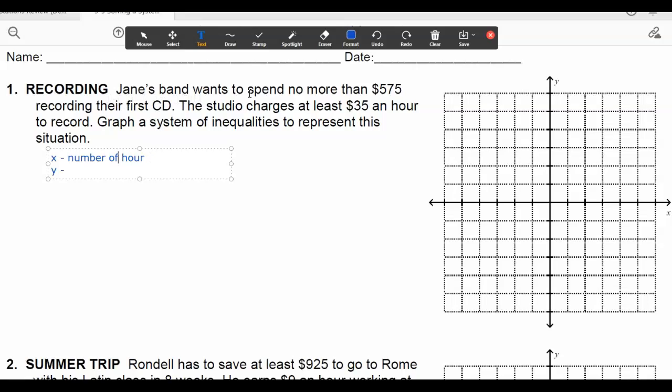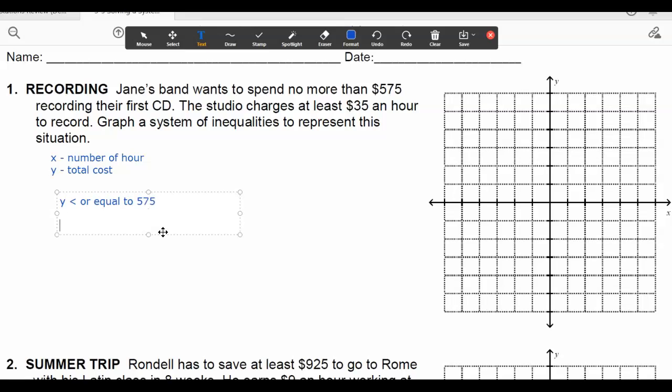And then the second one says she wants to spend no more than $575. So basically, what that's saying is Y is going to be the total cost. So we have Y has to be less than or equal to $575.